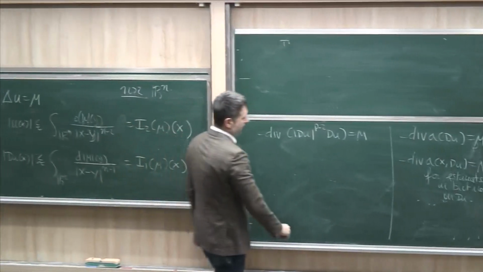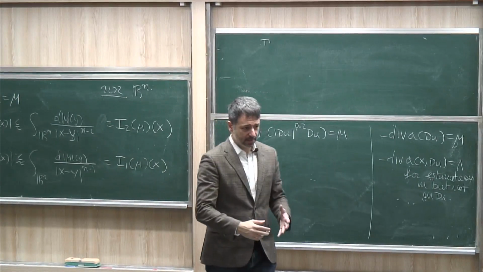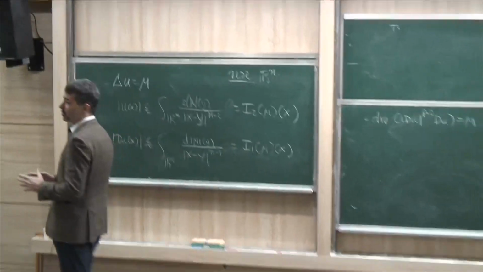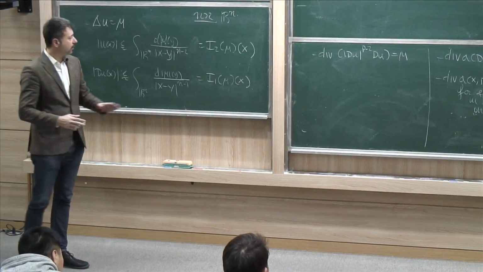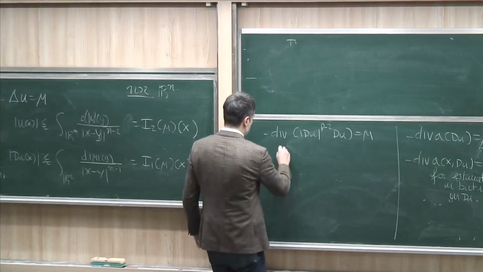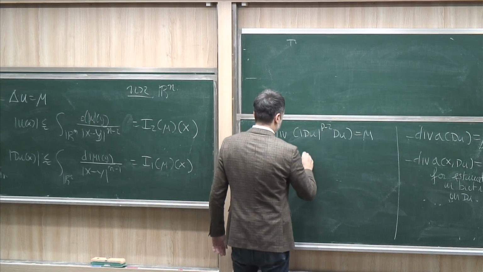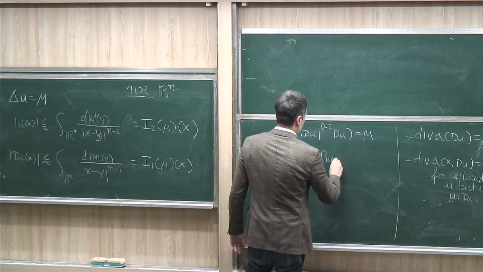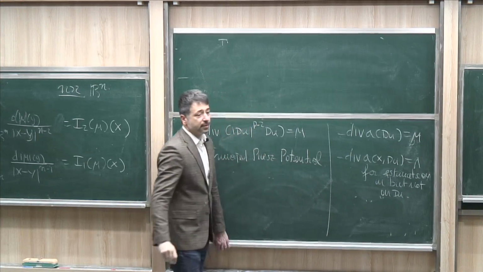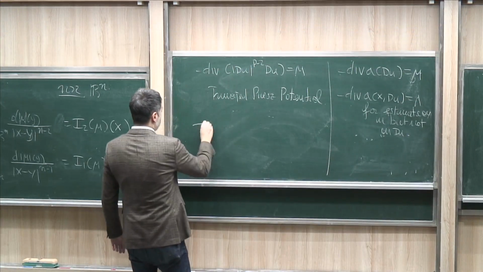And finally, since I'm dealing with local estimates, let me introduce a suitably localized form of Riesz potential that allows you to get the convolution not on the whole domain, but just on small balls. This is the so-called truncated Riesz potential. It is simply defined as follows.